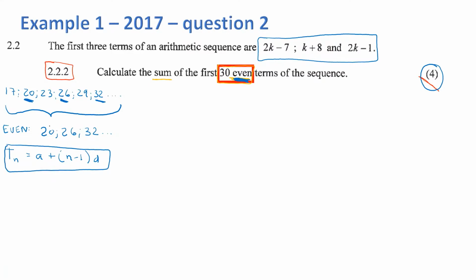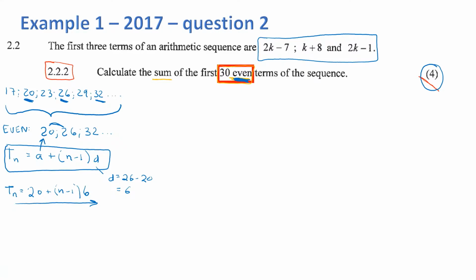The d is easy to take out of here, because d equals 26 minus 20. That's 6. And the a is just this over here. So the generic formula for this sequence is 20 plus n minus 1 times 6. There we have it.